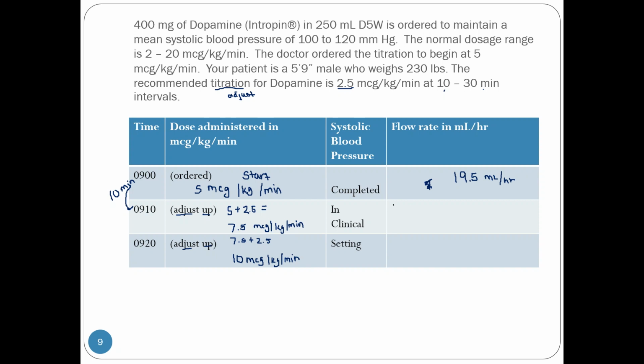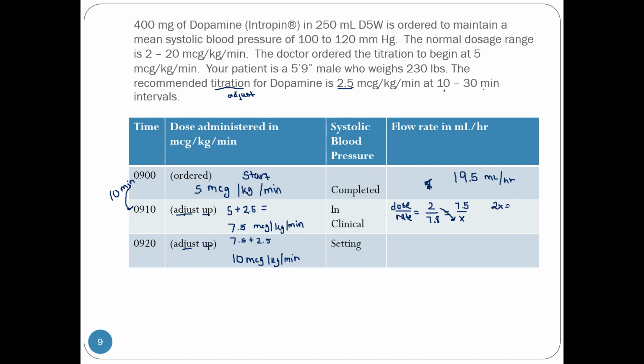So for my flow rates, I'm going to use the idea of dose over rate. I am going to use the values from the minimum. So the minimum dose was 2, and the minimum rate that we calculated was 7.8. And that is equal to our new dose of 7.5. And we want to know a new rate to set on our pump. So we will cross multiply. And so multiplying on our first diagonal, we get 2x.